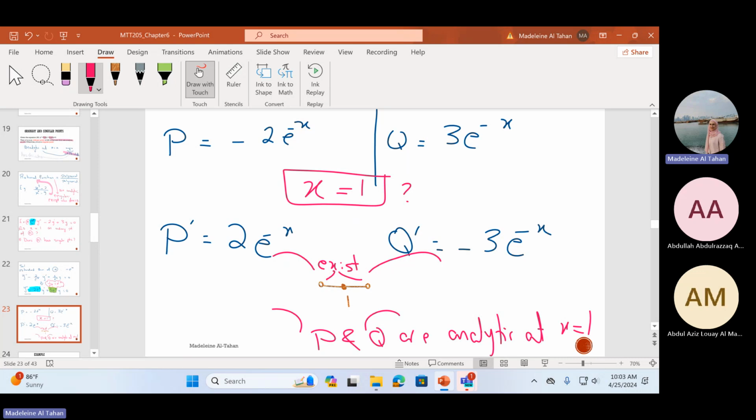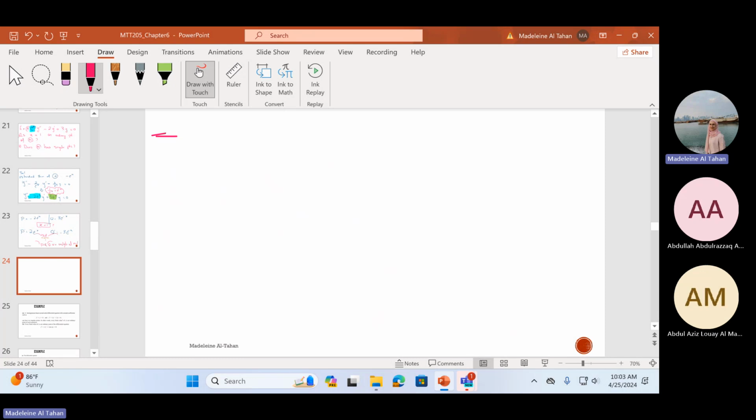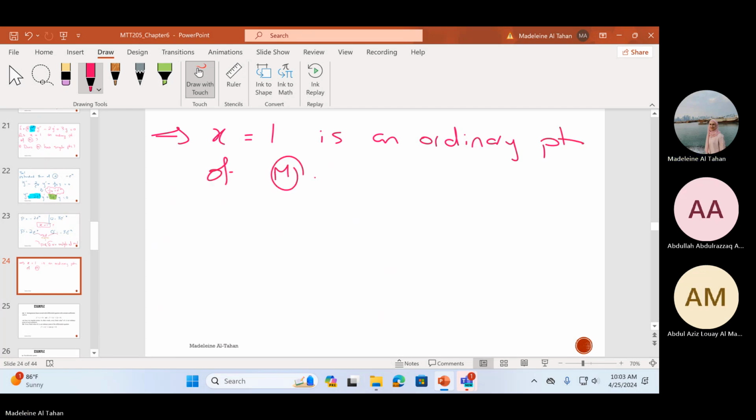Similarly for tangent x, secant x, or cosecant x, we do have problems. Okay, miss? So what can we deduce now? This implies that x equal 1 is an ordinary point. Is it clear?